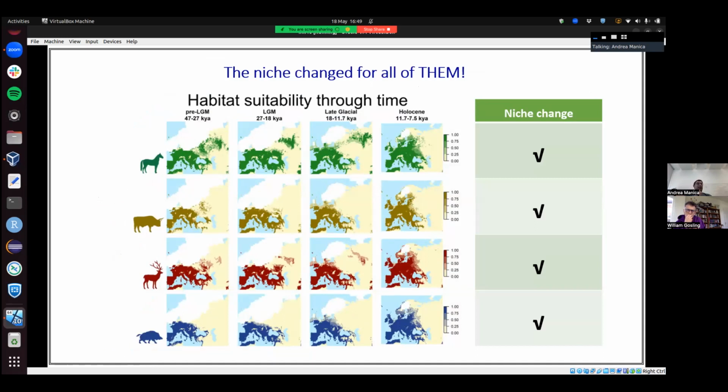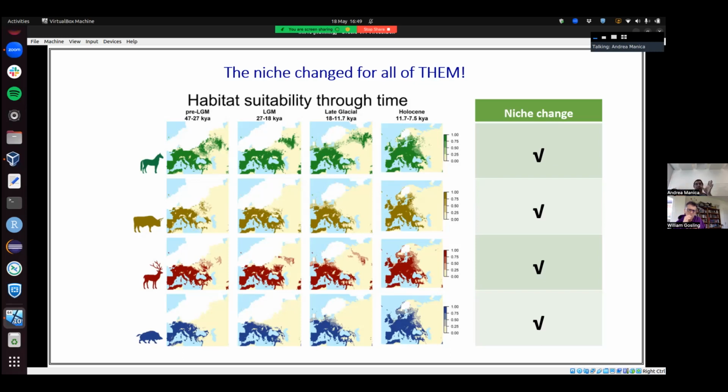What we think is most probably a response to a number of other megafauna species that go extinct. That is the moment when the niches expand, because there is more space in the community when some of the other species are disappearing. But the interesting thing is that we can see a change in the way the animals use their available habitat in a period of only 40,000 years in rather long-lived ungulates.